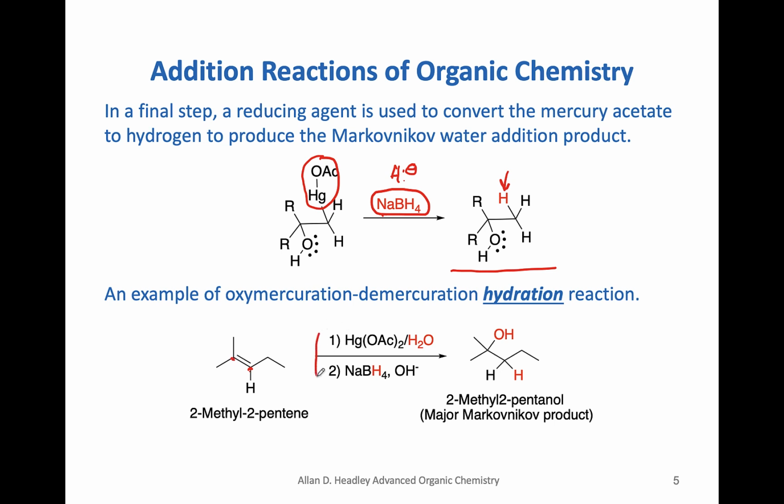Using this set of reagents, however, we will get a product in which there's no rearrangement, because notice there was not an open carbocation formed. It was a mercury ion, cation that was formed. So you can see here this is the major product, and it's also the Markovnikov product.